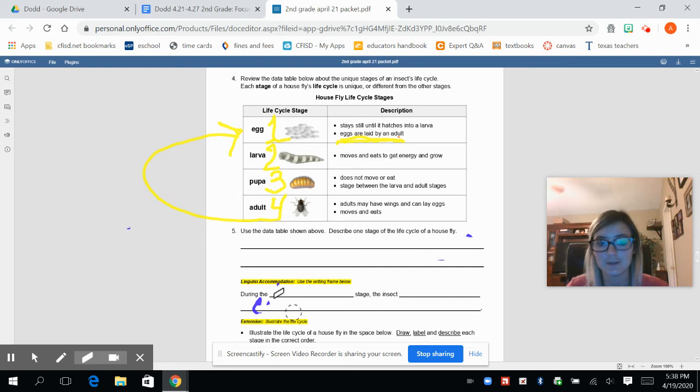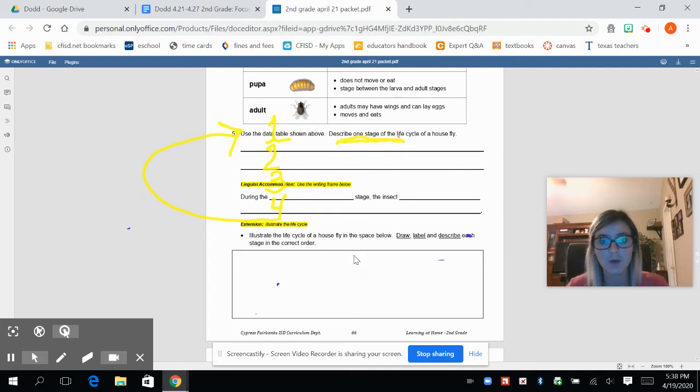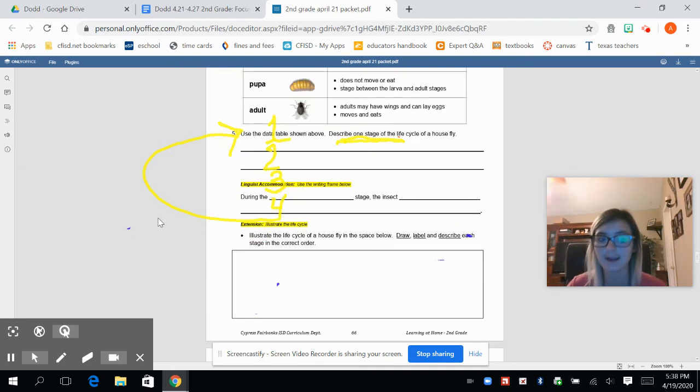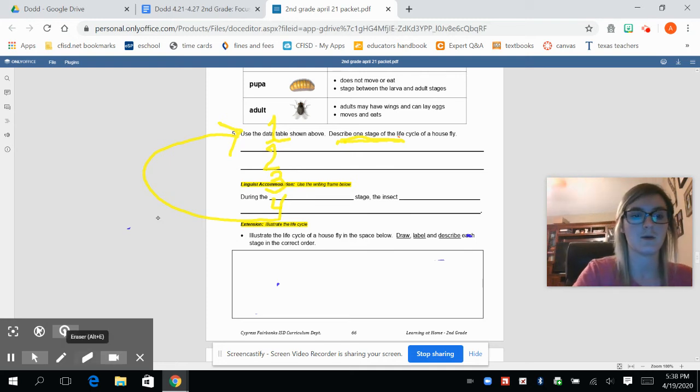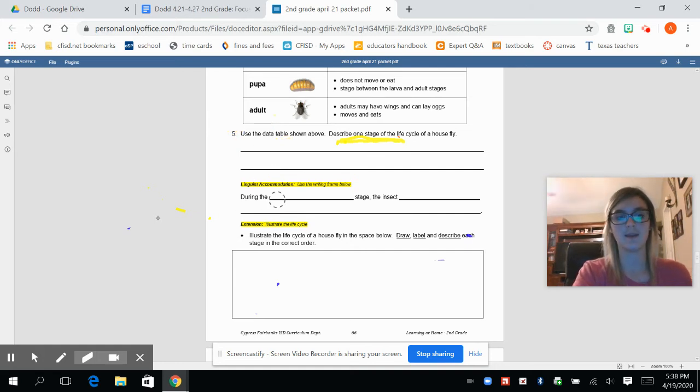Okay, our last question wants us to illustrate the life cycle of the housefly. Draw, label, and describe each stage in the correct order. Okay, we can do that. So what did we say was stage 1?